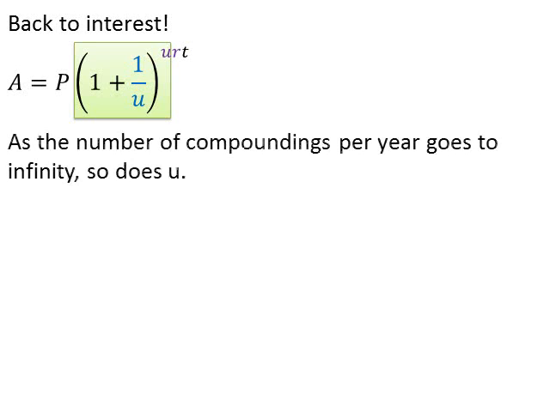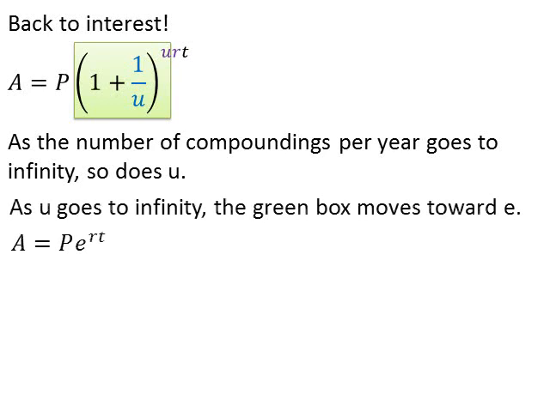So if you look at what we had, we had that formula in that green box. Well, we already decided when we graphed that green box that the biggest it can possibly be, which would be the biggest that my amount for my loan could possibly be, is going to be E. So if U goes to infinity, N goes to infinity, and the value of that green box moves toward E and cannot be bigger than E. So if I assume N is infinite, then E is the biggest I'm going to get.